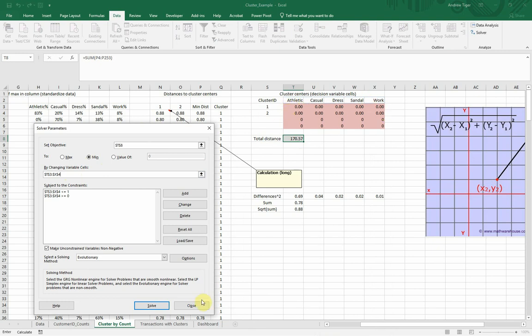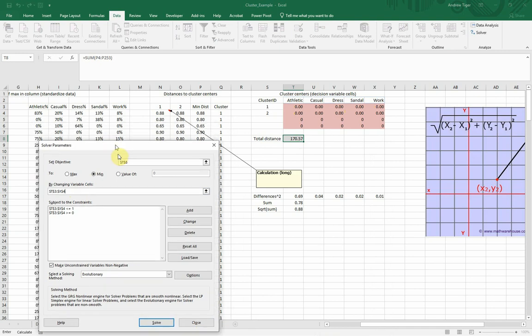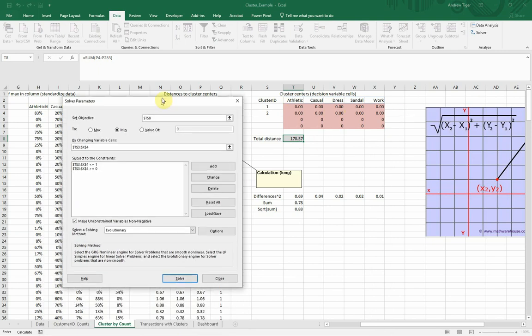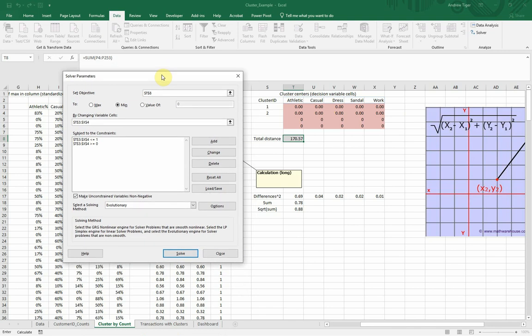I've only got 2 clusters. And then I've got to put some boundaries that these numbers need to be between 0 and 1. We're going to standardize this, so these numbers have to be between 0 and 1. Now, what makes this new is that this is a very unsmooth problem.